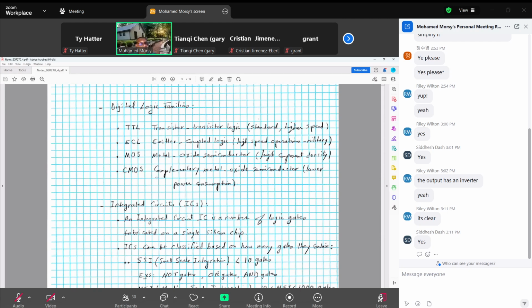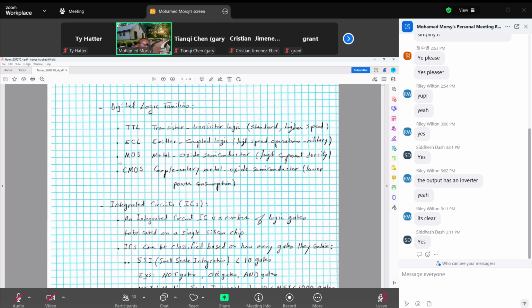This MOS or CMOS has lower speed of operation. For example, you apply the input and you get the output of the circuit after 1 second.